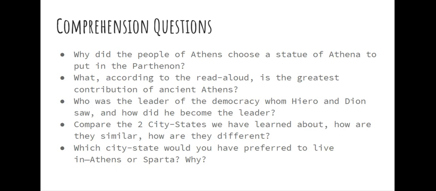What, according to the read aloud, is the greatest contribution of ancient Athens? Yeah, remember that was democracy. Who was the leader of the democracy whom Diane and Hero saw? And how did he become the leader? You remember his name was Pericles, and he became the leader because the people voted him as the leader.